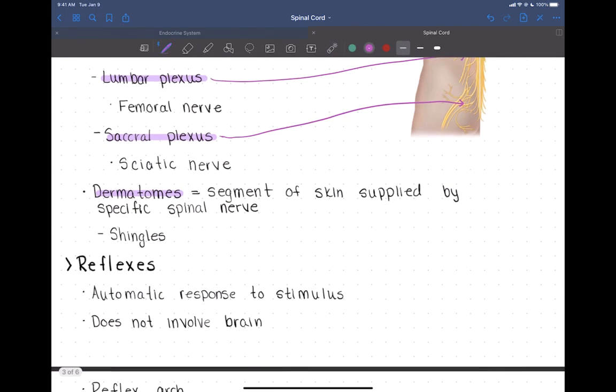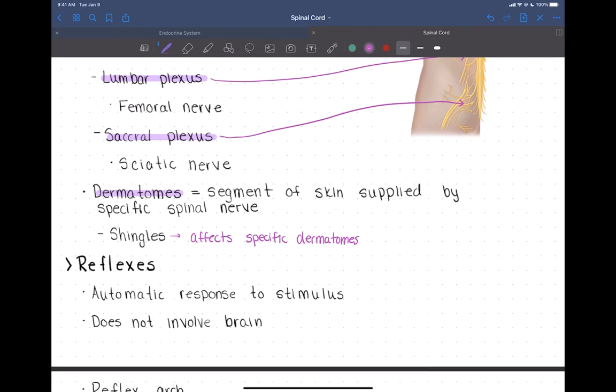So shingles affects specific dermatomes. You'll see a very defined border for shingles where the inflammation of the skin is occurring, because it is only isolated to that specific dermatome.